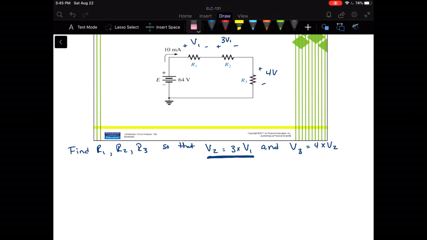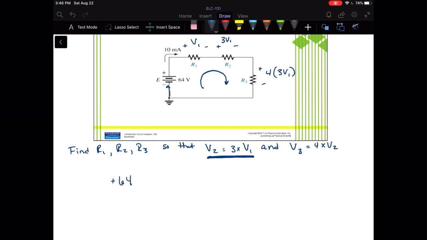So I'm just going to take my V2 back and make that 3V1. So now, remember, my Kirchhoff's voltage law equation has to be upheld, and I've got just one variable now. So that would be a plus 64. I don't know why I wrote 16. It's plus 64.